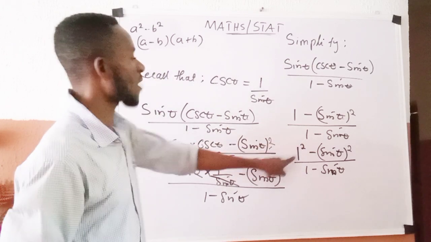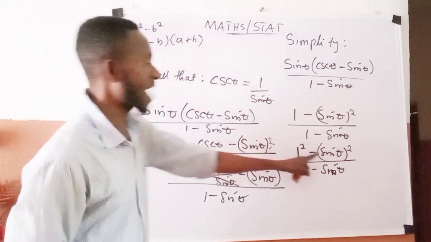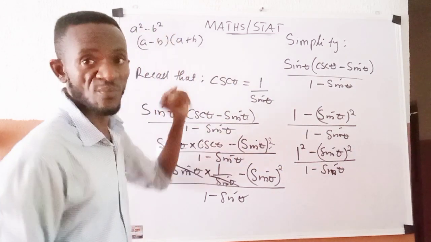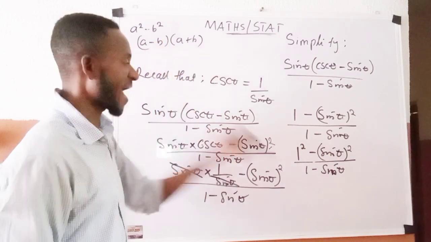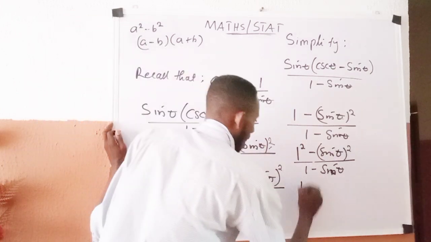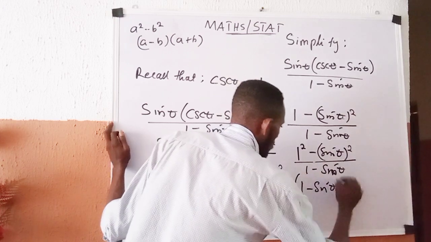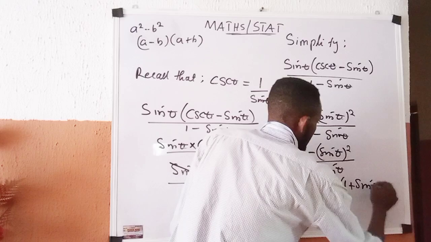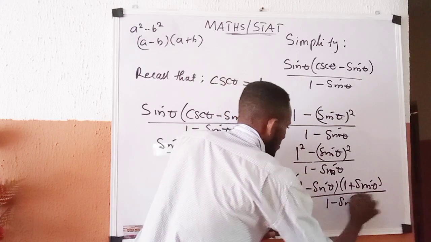I am looking at this 1 raised to power 2 as a raised to power 2, and sine theta raised to power 2 as b raised to power 2, to enable me express this in this format. Then it becomes (1 minus sine theta)(1 plus sine theta) all over 1 minus sine theta.